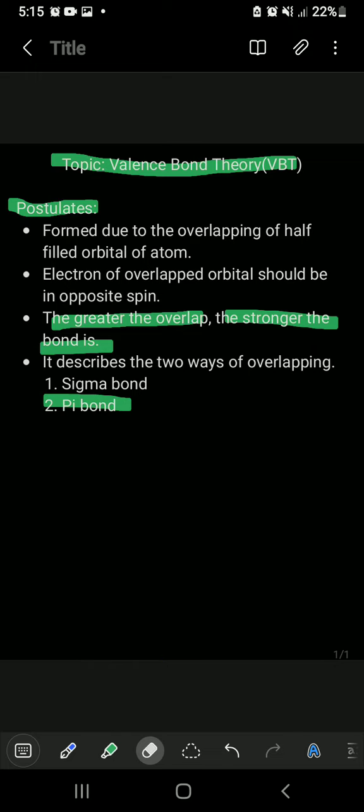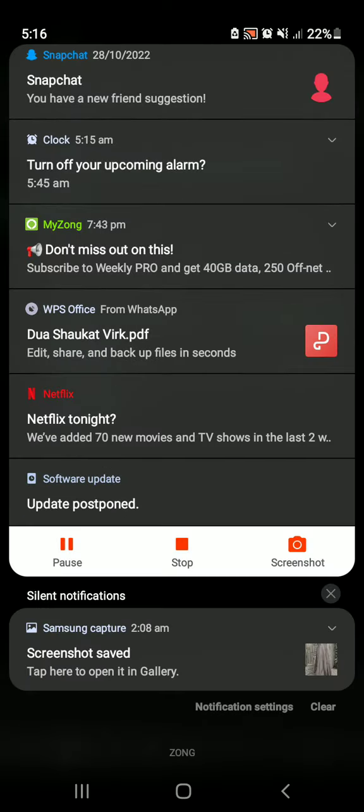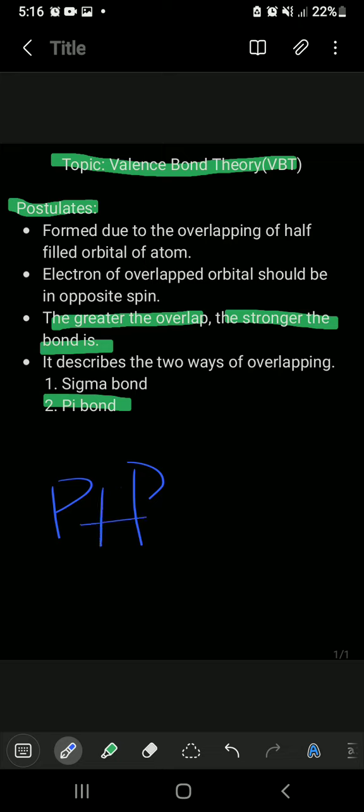So the types are ss sigma bond, sp sigma bond, and pp sigma bond. The overlap in pp overlap is greater.